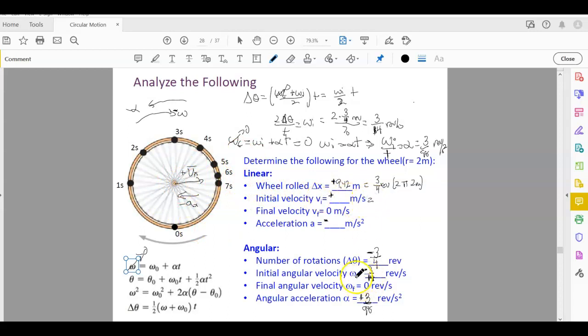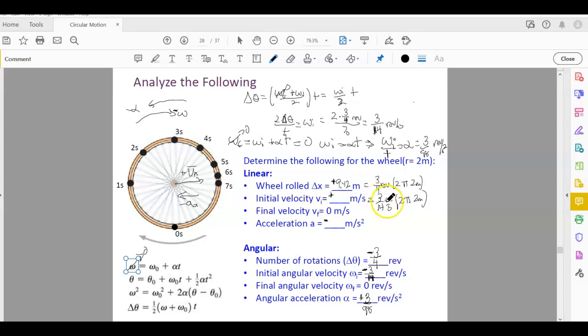To get the linear initial velocity, we're going to take the magnitude of the angular velocity, I should say. So 3/14 revolutions per second, and we're going to multiply that by 2 pi times 2 meters. Okay, so 2 divided by 14 is going to be 1/7.